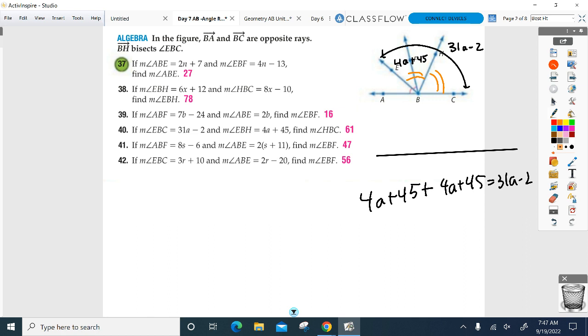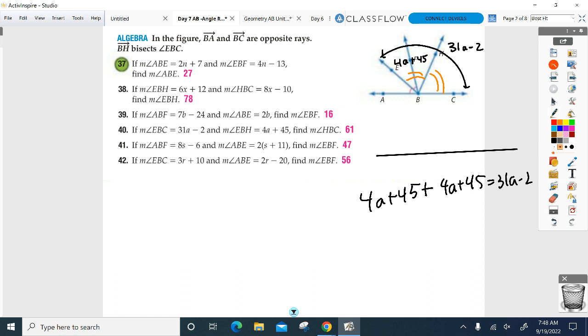Sure, right? Go ahead, keep talking. I think that's what I did wrong, because I did a different step. Subtracted them. Yeah, because these two are congruent. 4A plus 45, 4A plus 45, add them together. All right, other questions?